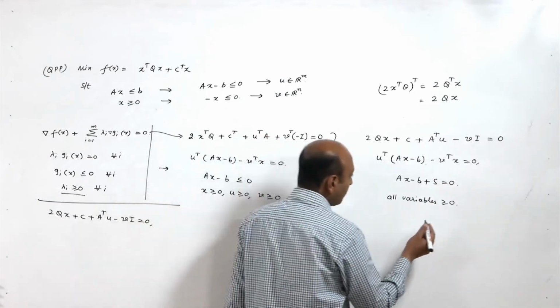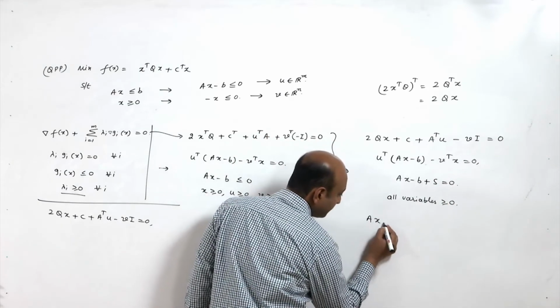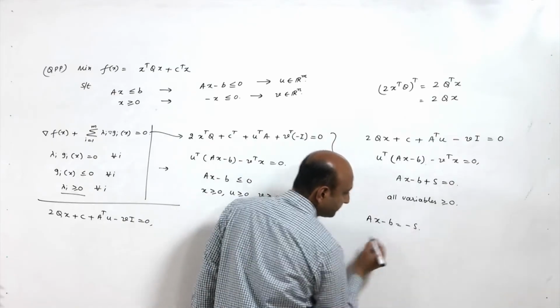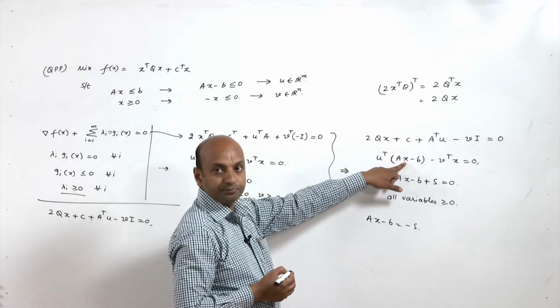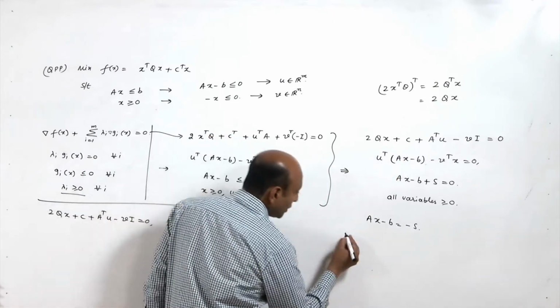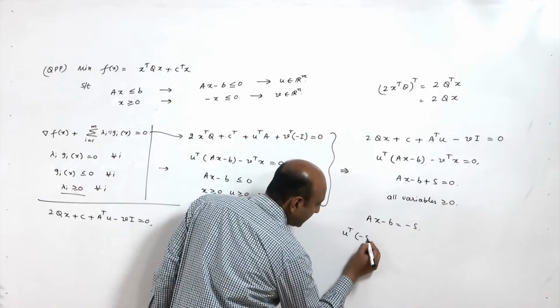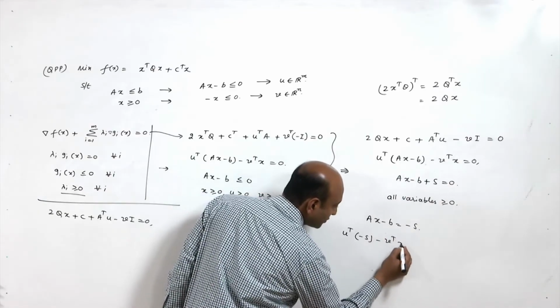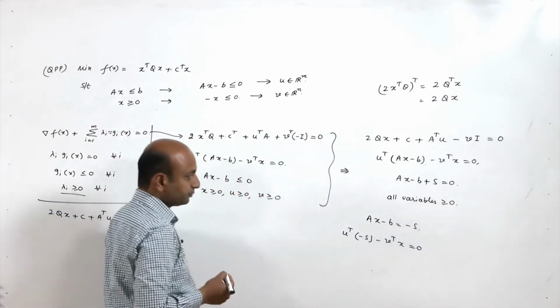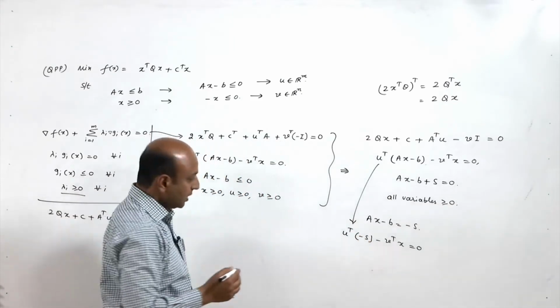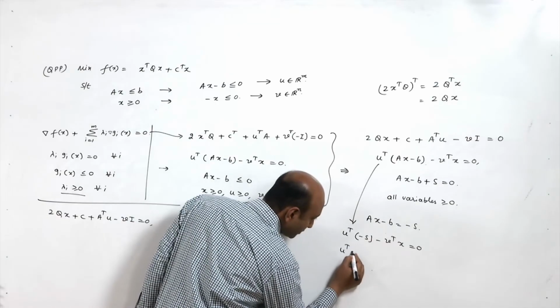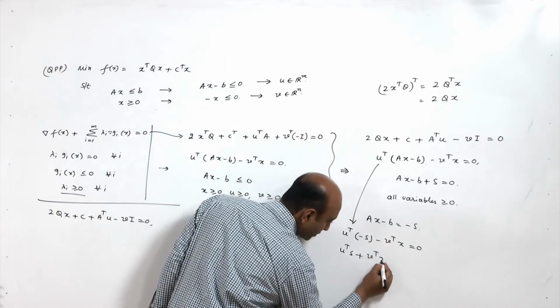So what we obtain from here is that Ax minus b is nothing but minus s. You substitute minus s over here. So it is u transpose times minus s, minus v transpose x equal to 0. If we put this in this condition, it is nothing but u transpose s plus v transpose x equal to 0.